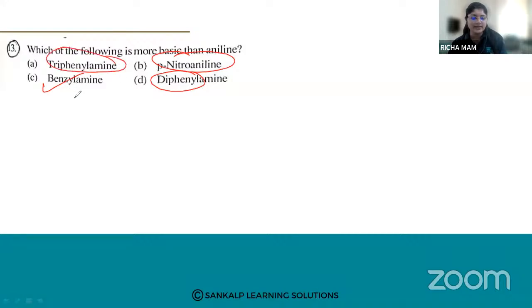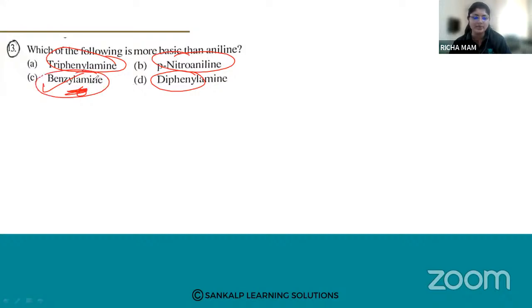So your benzylamine is more basic than aniline. The reason, again the same: the lone pair of electrons is present on the nitrogen, and in aniline it is in conjugation with the benzene ring and not available readily for attack.